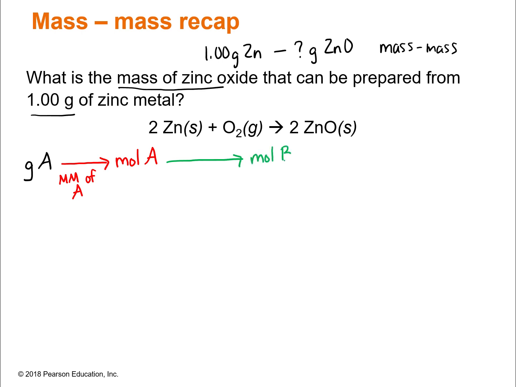To go from moles of A, which is our given, to moles of B, what we're interested in, we need a mole-mole ratio. And that's going to take the form of B over A directly from the chemical equation. The last piece is converting those moles to grams. Again, we're using a molar mass, but this time it's the molar mass of B.